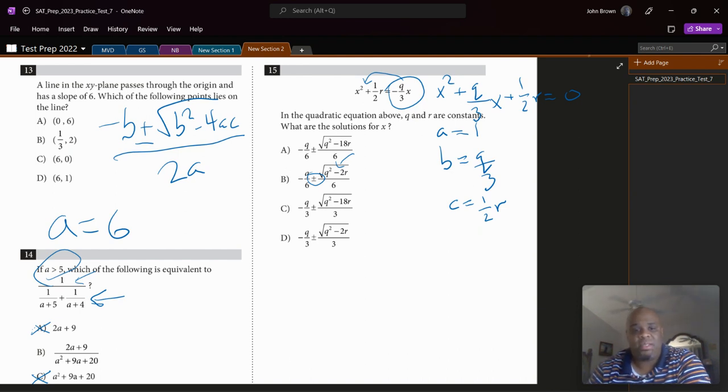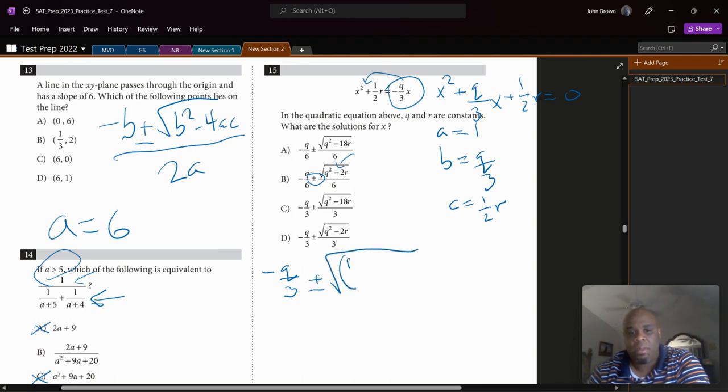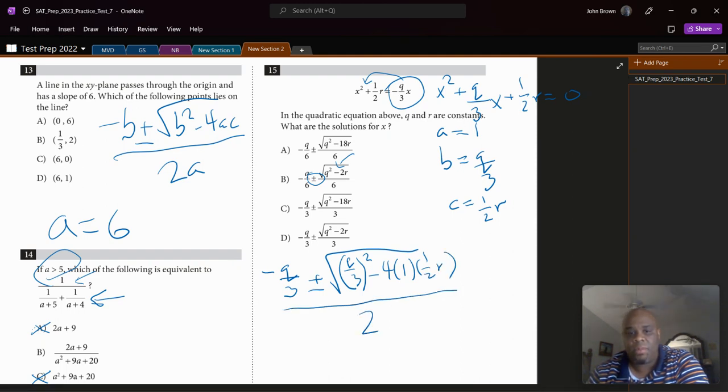So if I'm going to put those things into the quadratic formula, I'm going to get negative Q over 3 plus or minus the square root of Q over 3 squared minus 4 times 1/2 R, all over 2a. All right, so I've got some nastiness in the actual square root there.